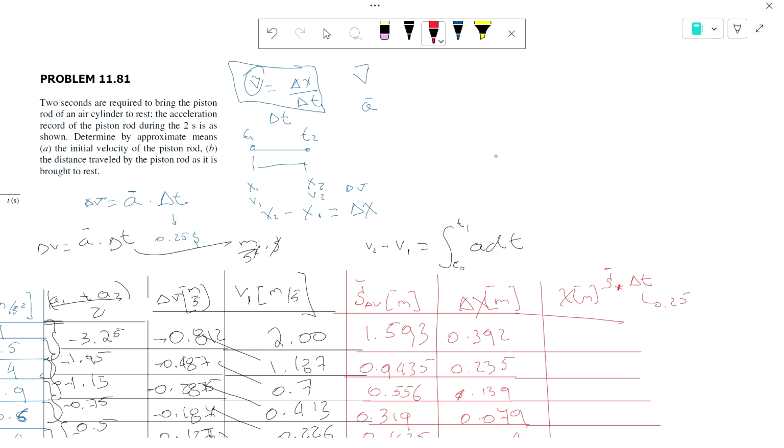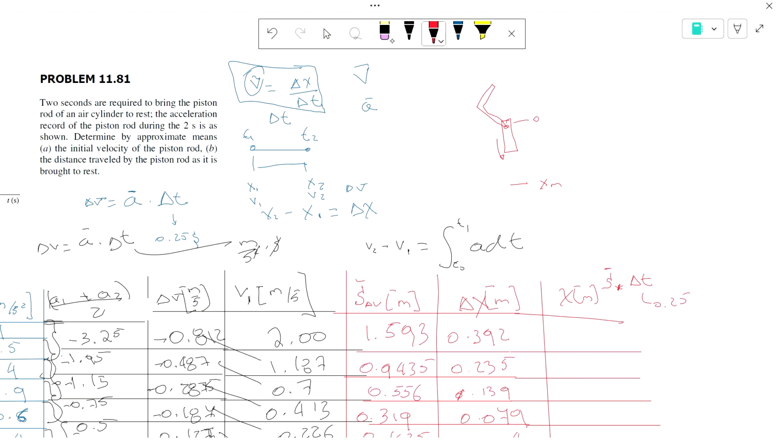So we have the option of, say, the rod, it's a piston, the mechanism that is making it move up and down.